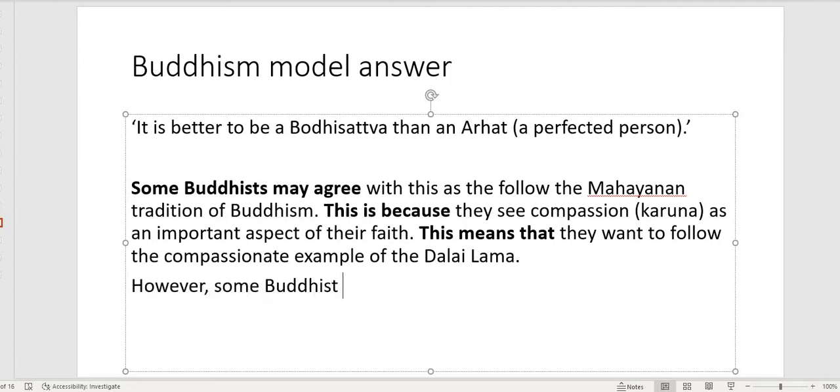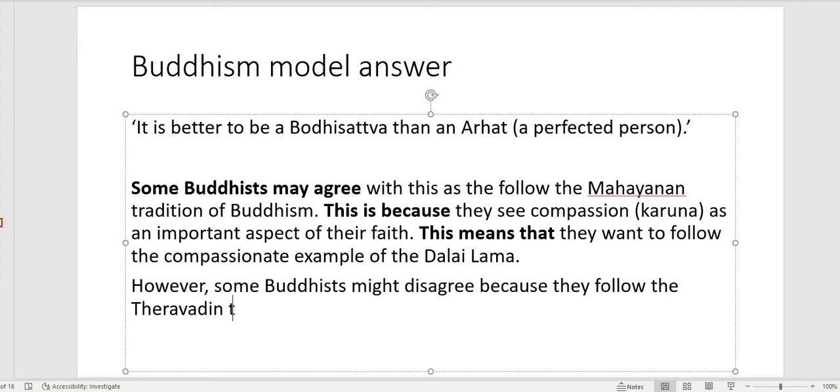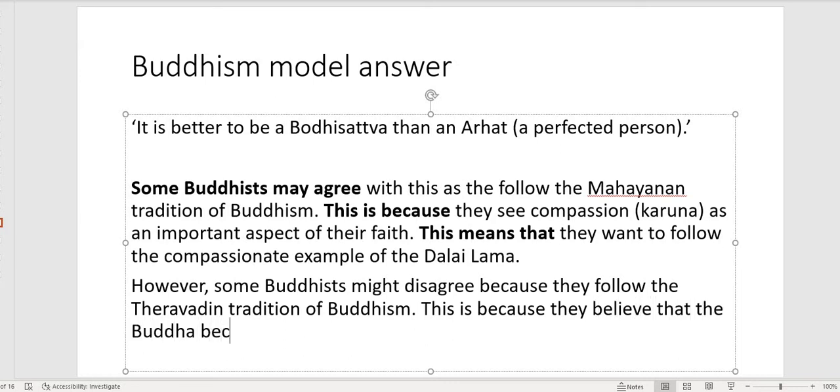Some Buddhists might disagree because they follow the Theravadan tradition of Buddhism. So I see I've contrasted it. This is because they believe that the Buddha became enlightened and they should follow his example.